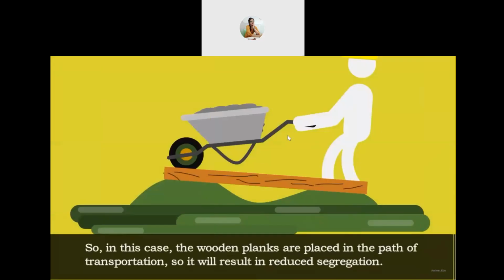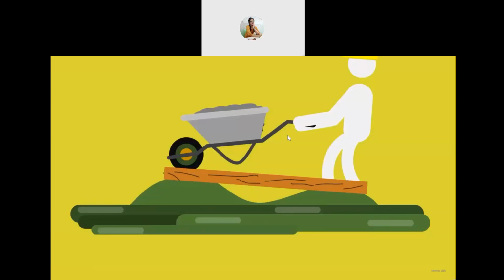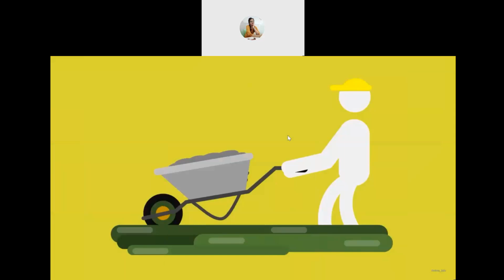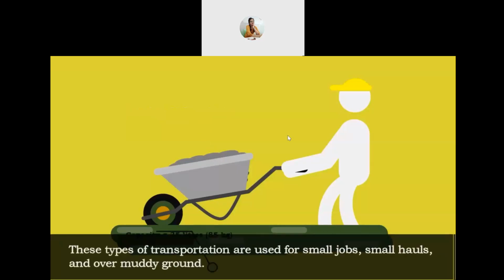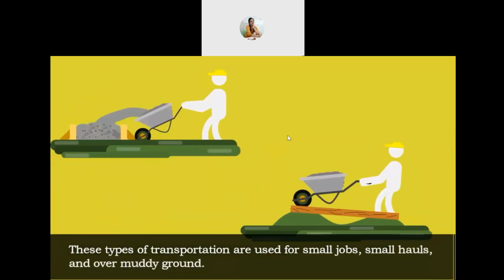So, in this case, wooden planks are placed in the path of transportation, which will result in reduced segregation. The average capacity of a wheelbarrow is 35 liters, that is 80 kilograms. These types of transportation are used for small jobs, small hauls, and over muddy ground.